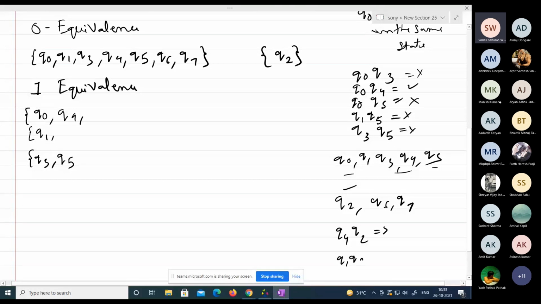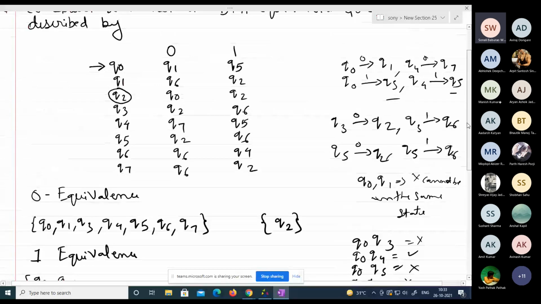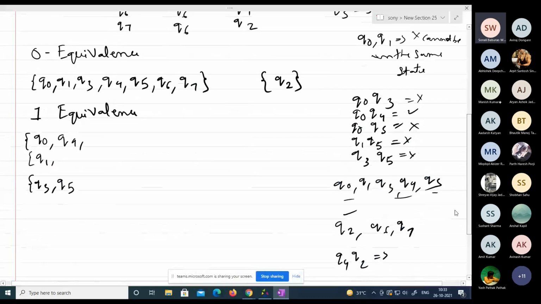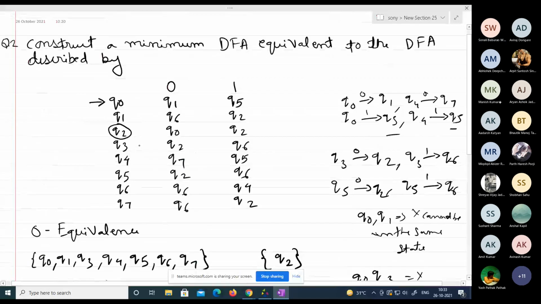Similarly, we can check for Q5 and Q2. Tell me, Q4 and Q2, can they be placed together? Q2 on 0, and here you're getting Q2. Q4 gives 7, 5. No, they cannot be placed together because not even a single value is similar.